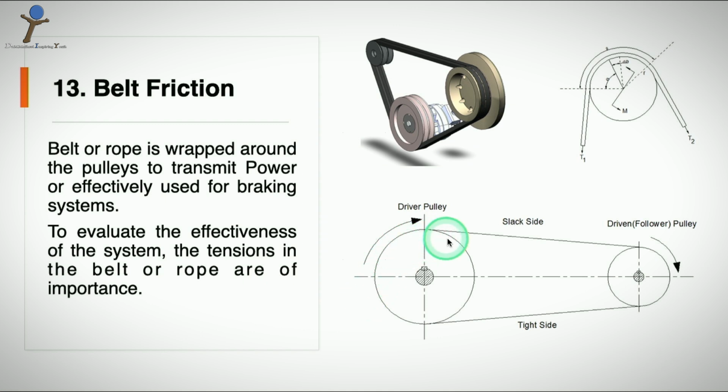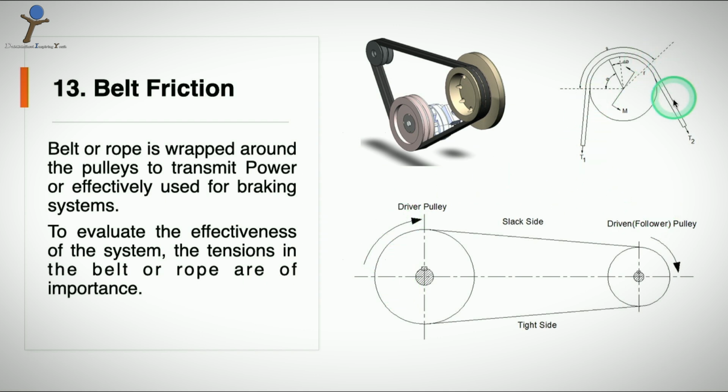So consider this as a driver pulley and this as a driven pulley, otherwise called follower pulley. And the belt slips around the pulley from tight side to slack side, causing 2 different tensions, T1 and T2.